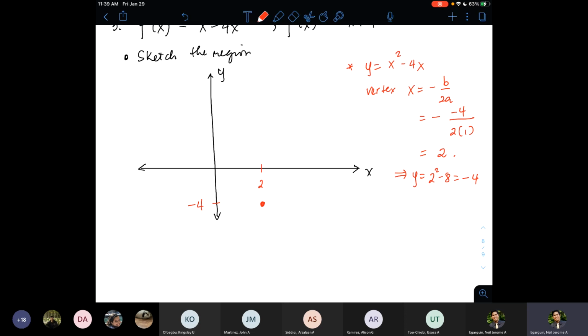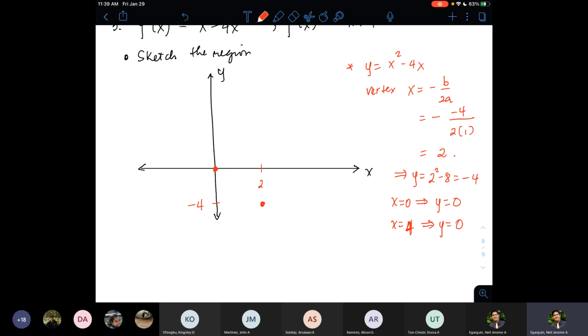Then all I need to do is to give 2 values, one from the left and one from the right of the vertex. So if I try x equals 0, then y is equal to 0. I'll have a point here. And then x equals 4, I know that the value is also 0, because the parabola is supposed to be symmetric along the vertex, right?